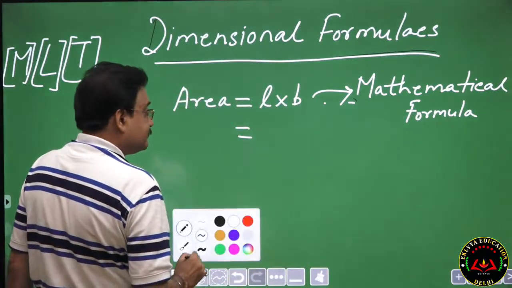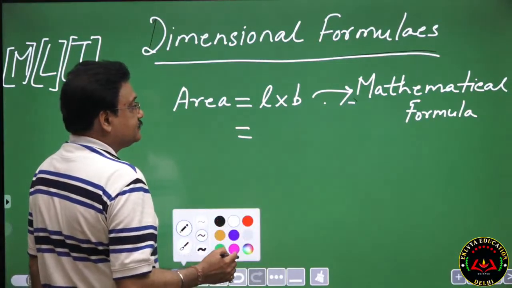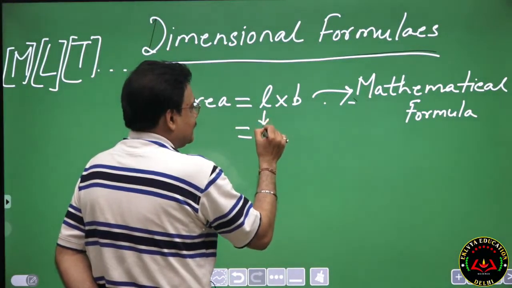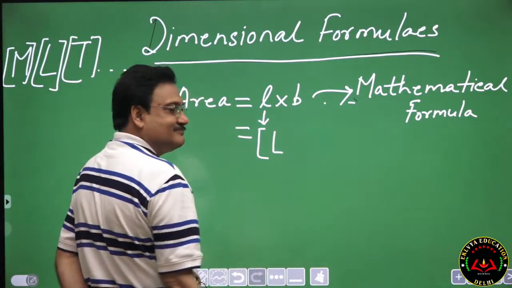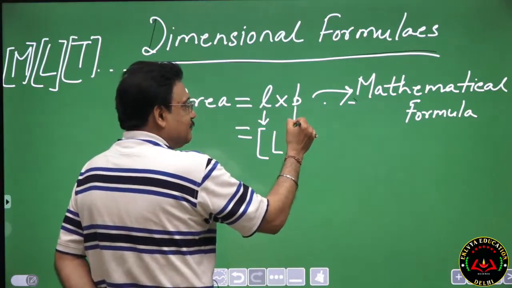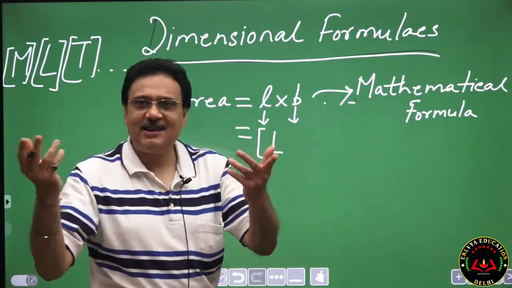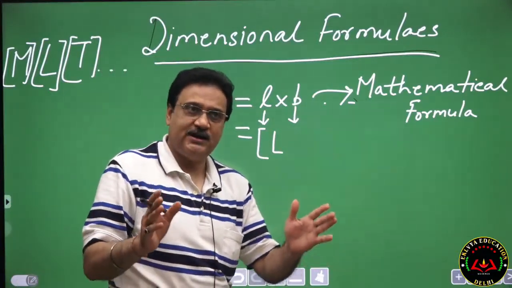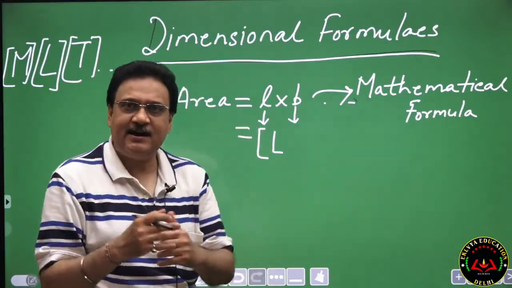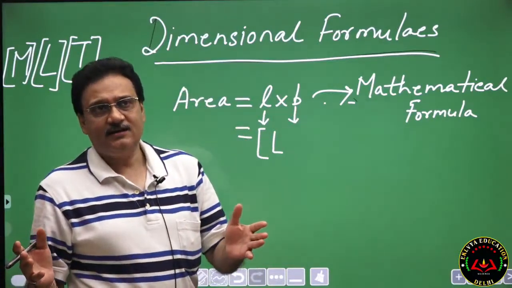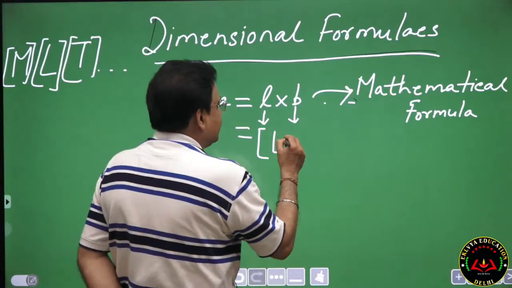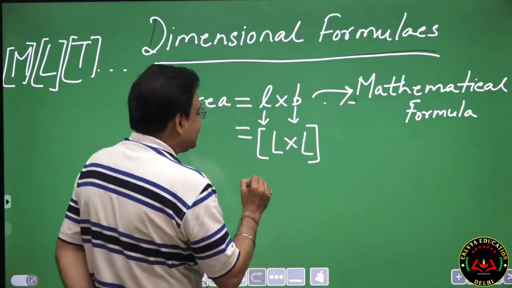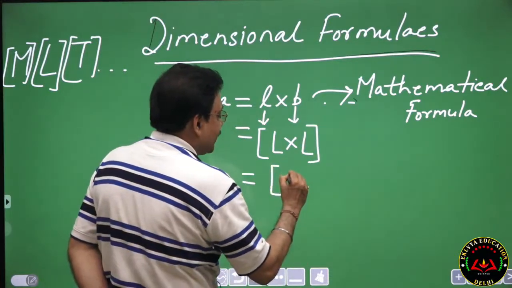Now we have another one that is called the dimensional formula. Length is L. Breadth, what is it? Again that is L only, length only. You call it breadth, you say distance, you say displacement. What are all these? They all are a type of length only. So that is L square.